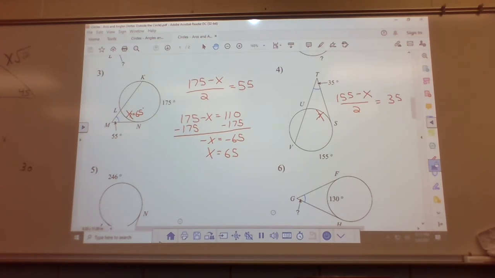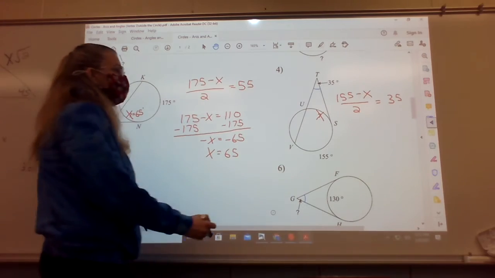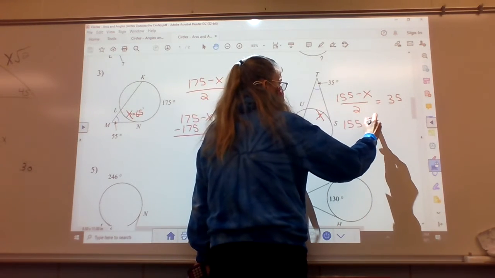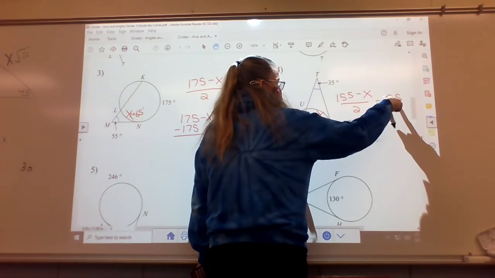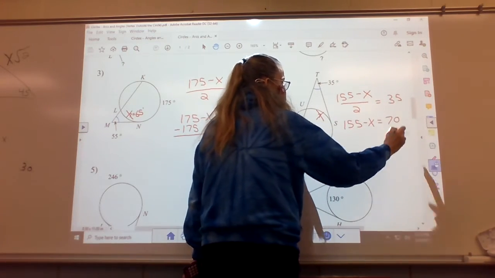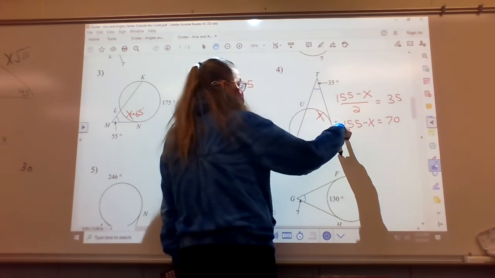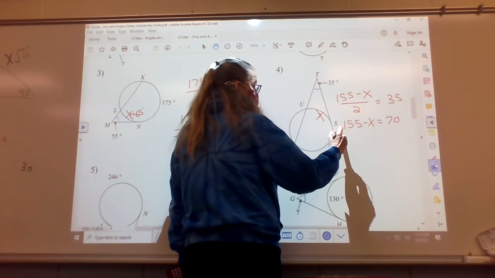Again, multiply by that 2. So multiply 2 by both sides, and it's going to cancel it out. 155 minus x equals, over here it becomes 70. Then I need to move the 155, and to move it I have to subtract, because there's nothing in front of it, so it must be positive already.